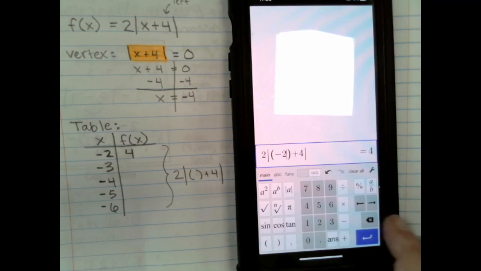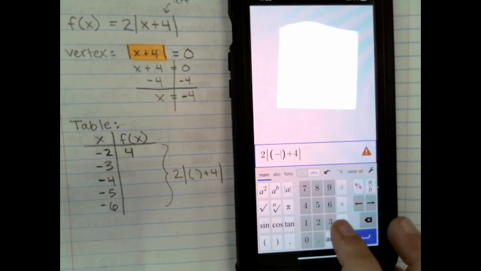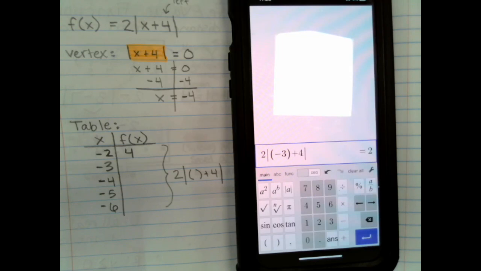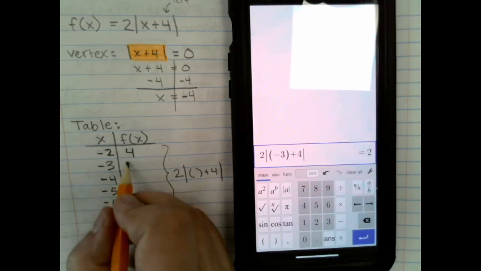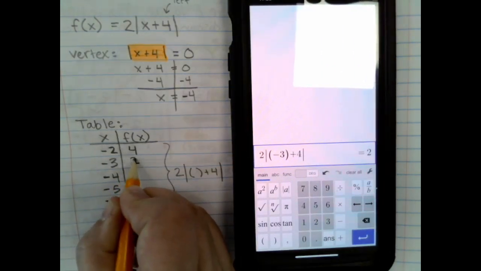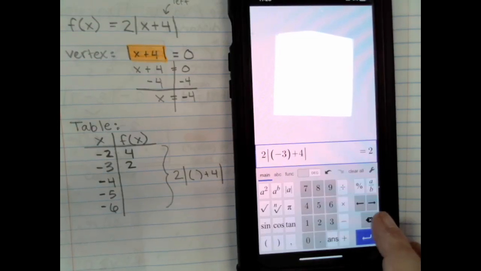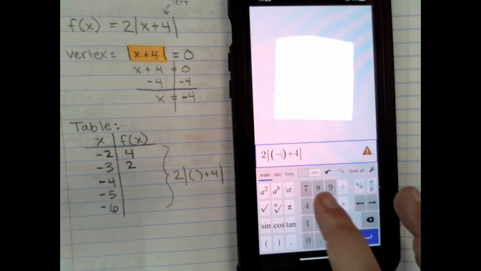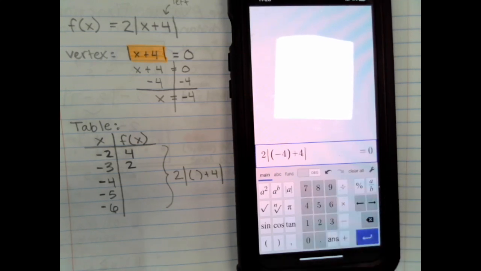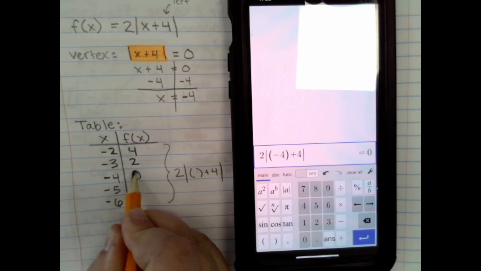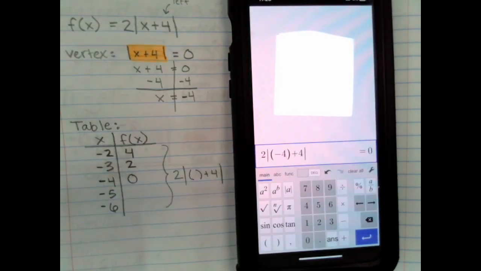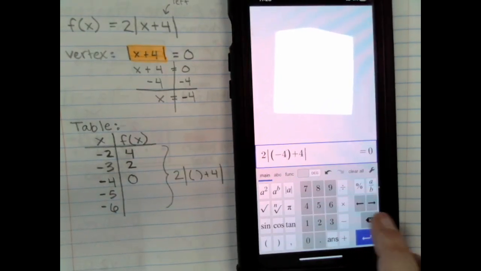I'm going to delete negative 2, put in negative 3, we get out 2. Delete negative 3, put in negative 4, we get 0. Now what should happen when I put in negative 5?